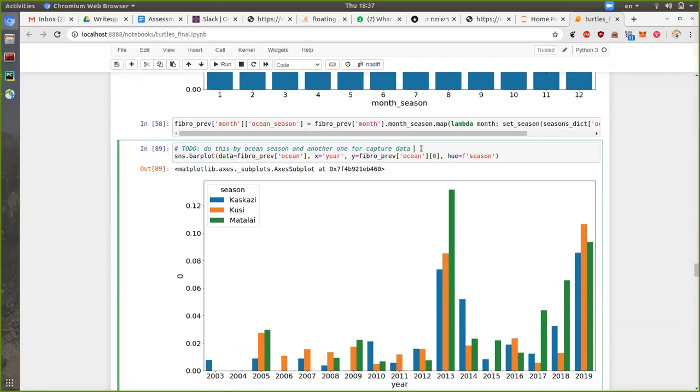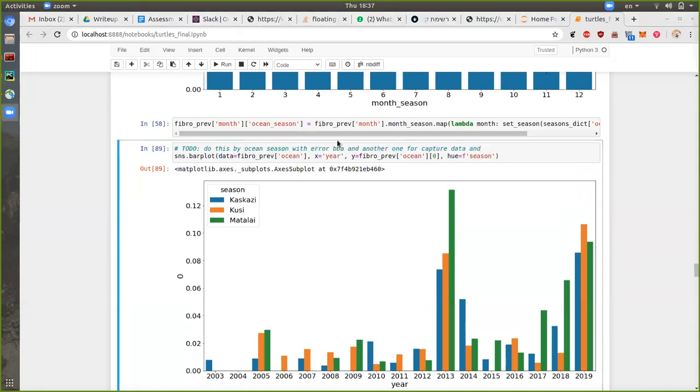No, seasonal ones. Remember how you said that each bar is made of one season? I can do it made from 1 month, and then you'll have error bars. Okay, that's cool. I can do that. This is by ocean season.